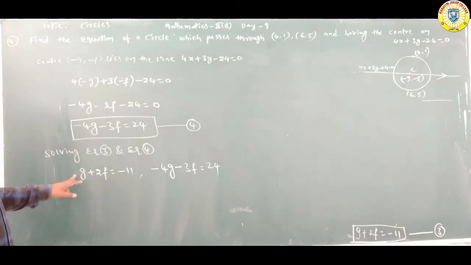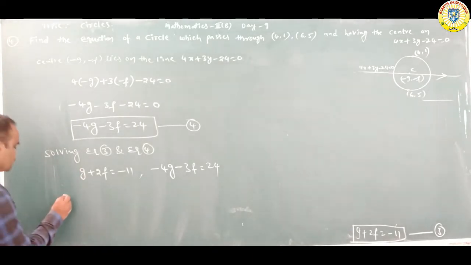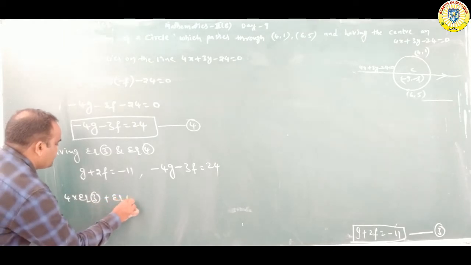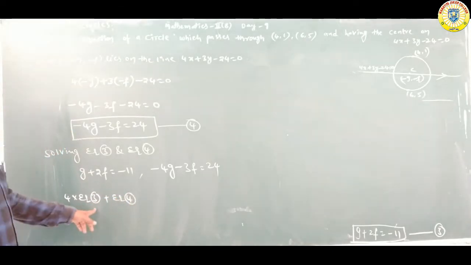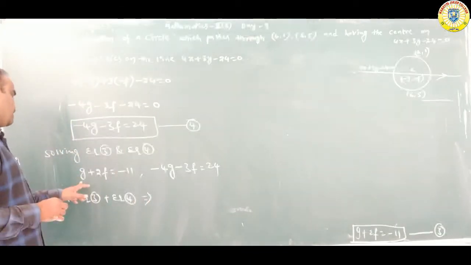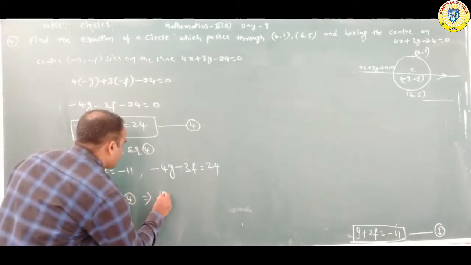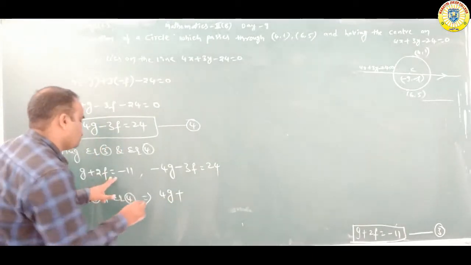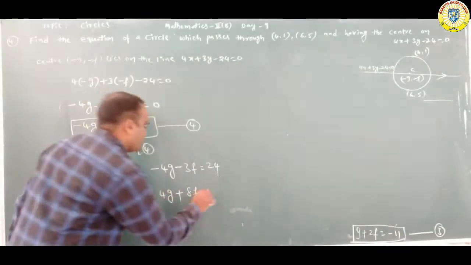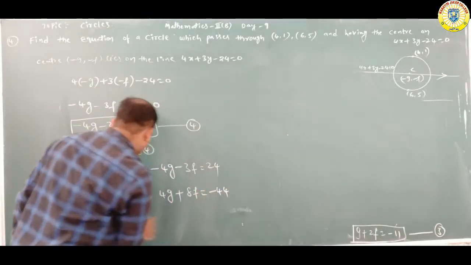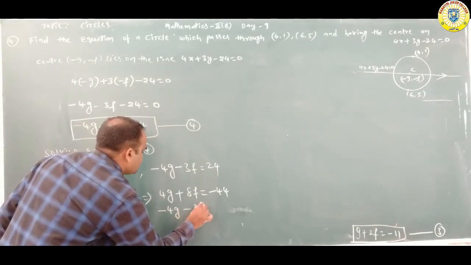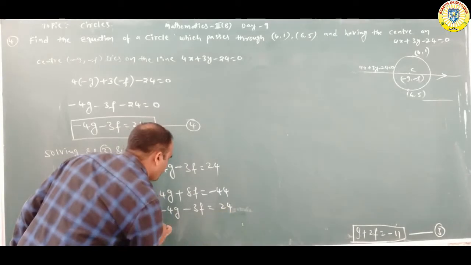What we are getting is 4 into equation 3 plus equation 4. 4g plus 4 into 2, 8f is equal to minus 11 into 4, minus 44, plus equation 4: minus 4g minus 3f is equal to 24.